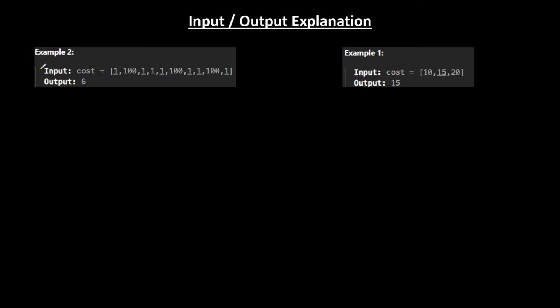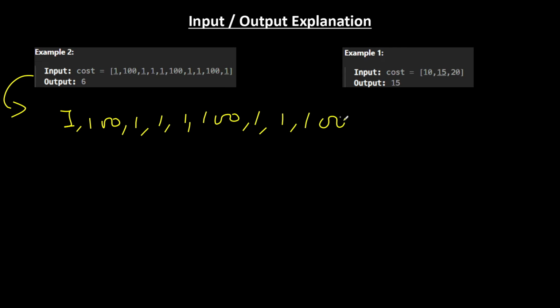Now let's understand the input output explanation. Take this example here: 100, then 1, 1, 1, then again 100, 1, 100, then 1. If I write s1, that means I have taken one step.